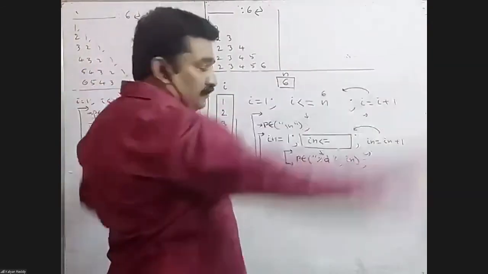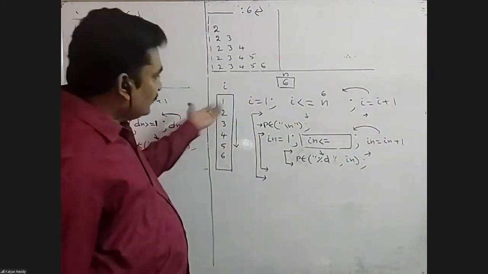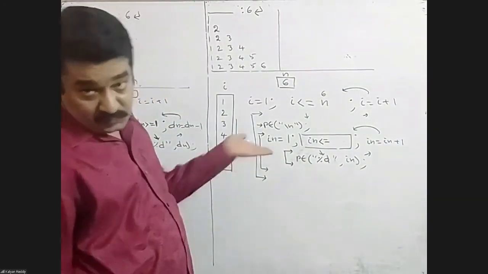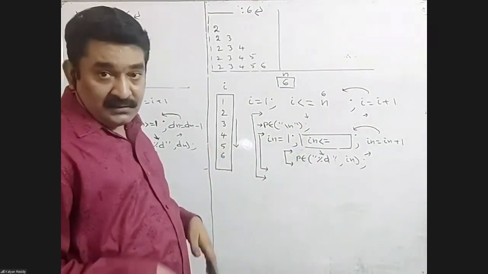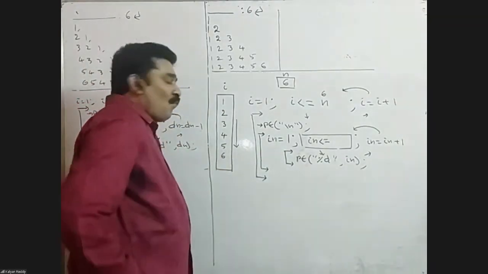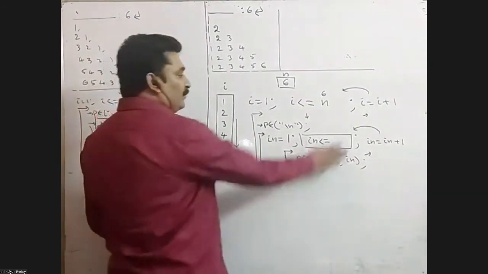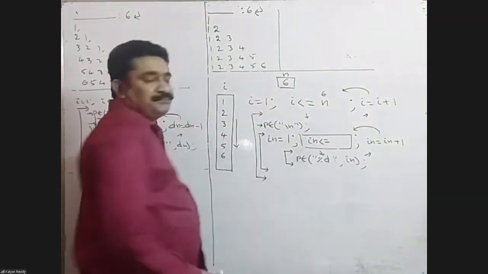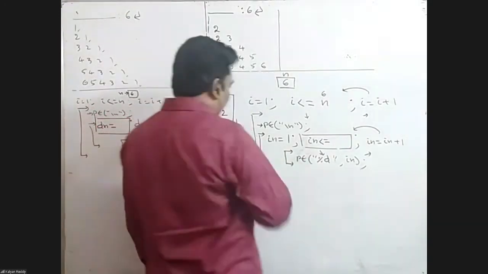Come outside. Outside, what are the variables there in the picture? N is there, I is there. So what to place? N plus I, N minus I, N into I, N by I, directly I, directly N. Think. First time I need 1, next time 2, next time 3. So directly I, the variable is visible here now.